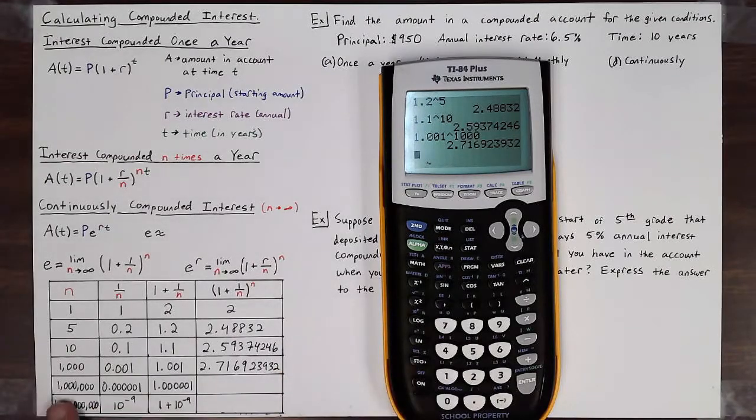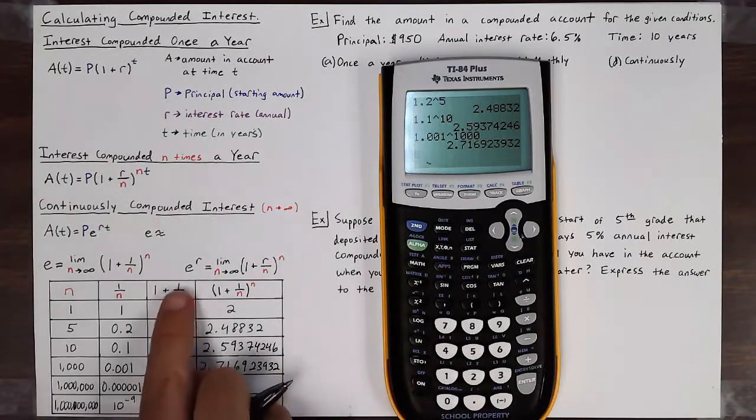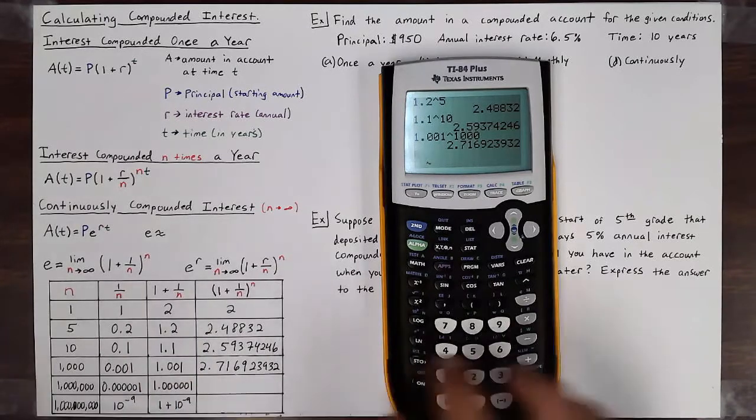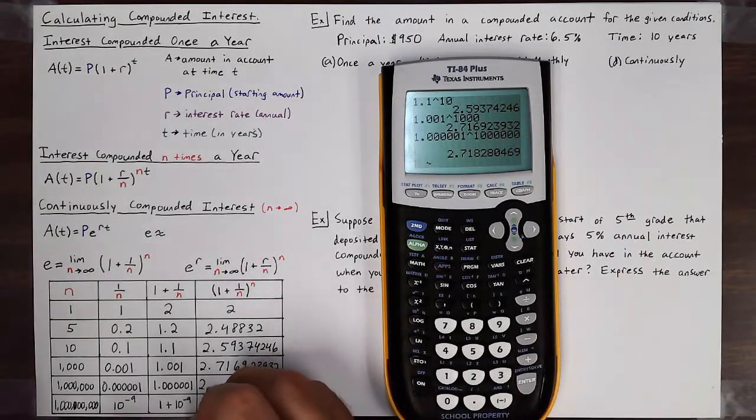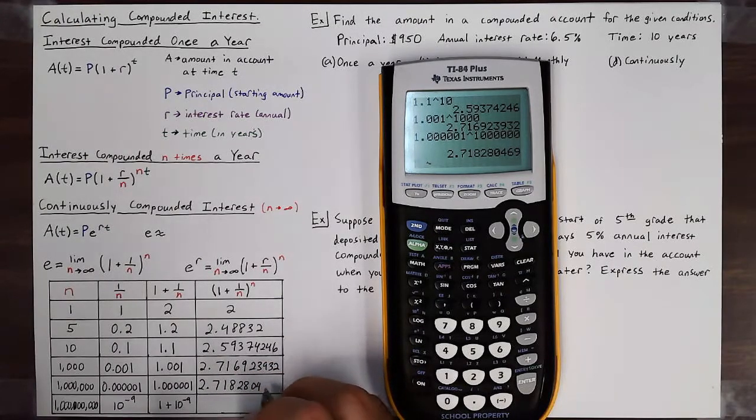But we'll do it again with a million this time. So this 1 plus 1 over n is now 1.000001 raised to the 1 millionth power, which will be 2.718280469.